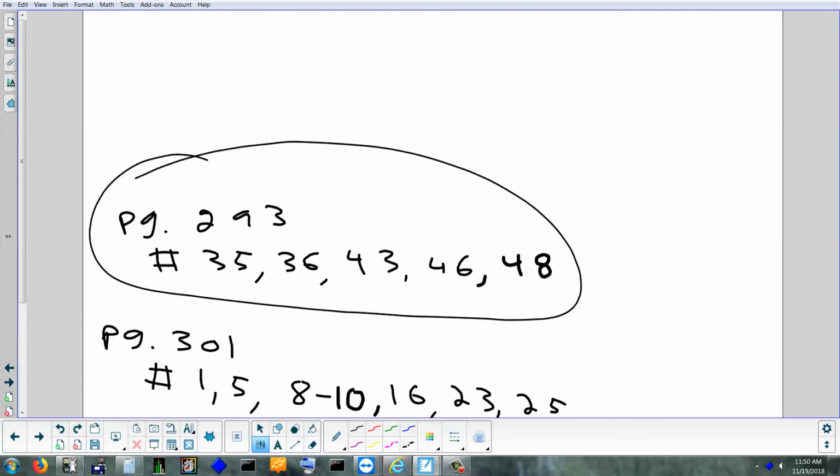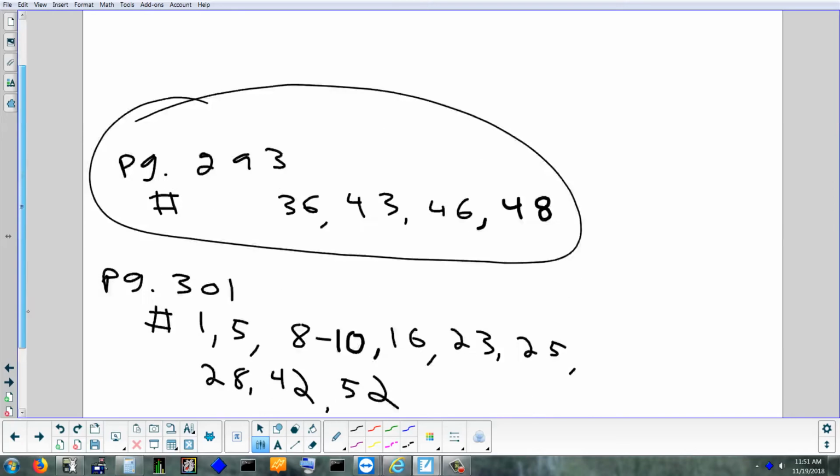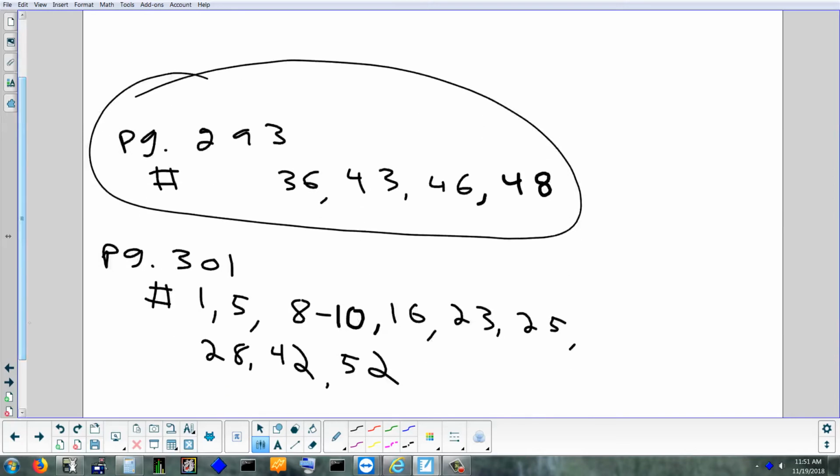Yeah, you don't have to worry about 35. So on that page, just 36, 43, 46, 48. Don't worry about 301. If you want to write it, that's tomorrow's. If you want to copy it. 301 is not due tomorrow. So you got 4 problems from the other page, and then 4 problems for tonight, so you got about 8 problems to do.